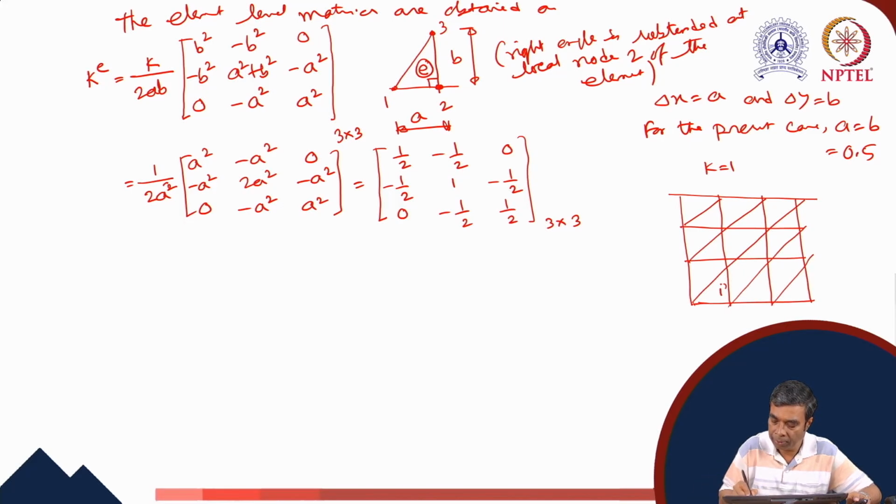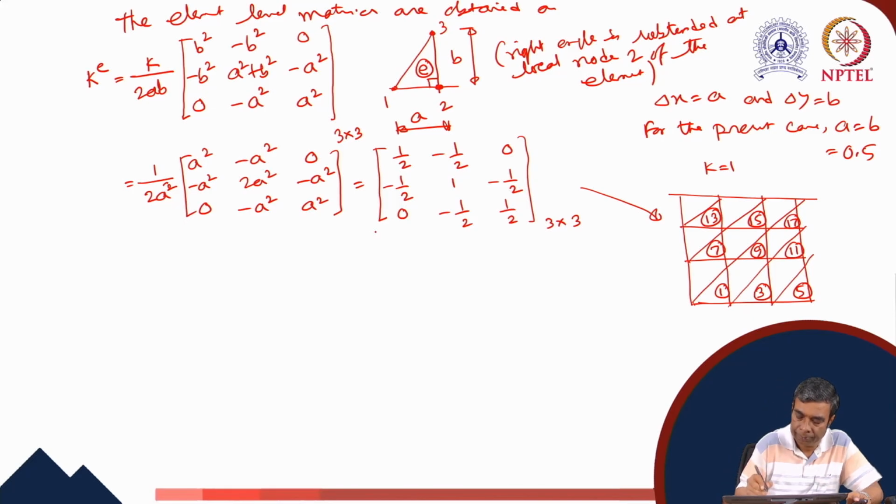Here we see that for elements of odd number 1, 3, 5, 7, 9, 11, 13, 15 and 17, we get the local node number 2 with right angle, and because of that this element level matrix is valid for the odd numbered elements.